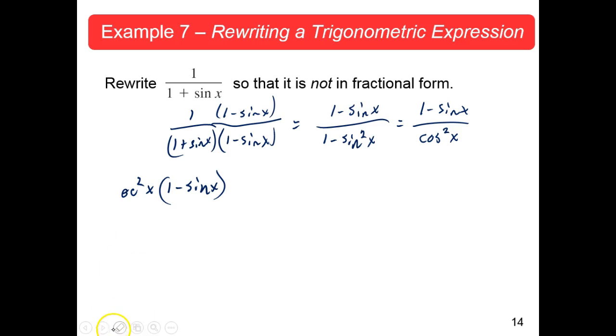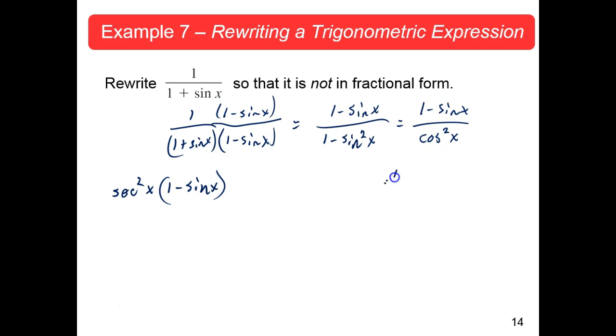Okay, so that was one way. Here's the other way they suggest doing it. Going back to this form here, that certainly gets rid of your denominator. It's not in fractional form.